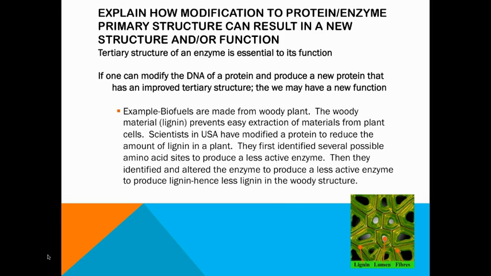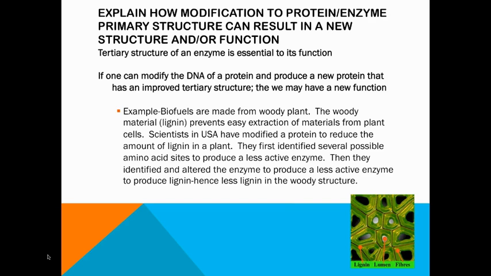Now, some modifications to a protein and an enzyme can have beneficial results. For example, biofuels are made from woody plants. Now, the woody material, lignin, which you see in the slide picture down at the right, prevents easy extraction of what's inside the cell to make biofuels.